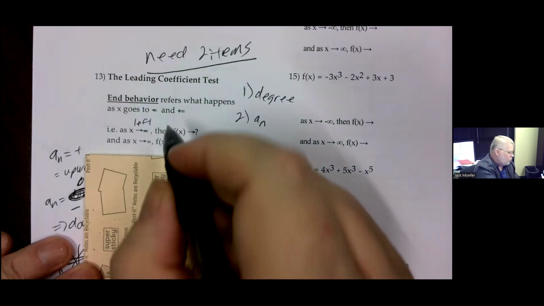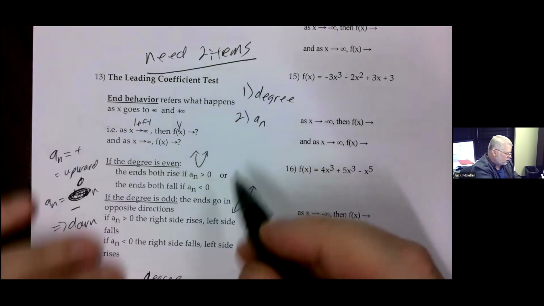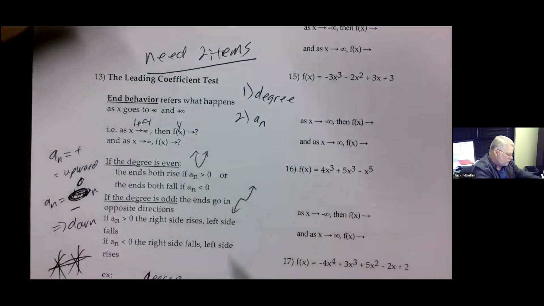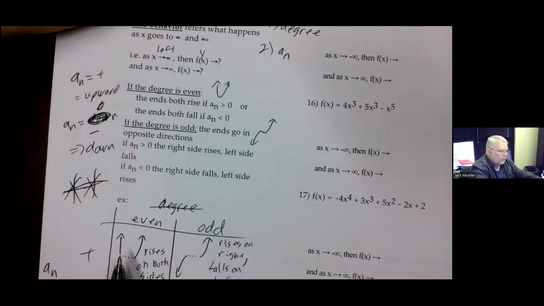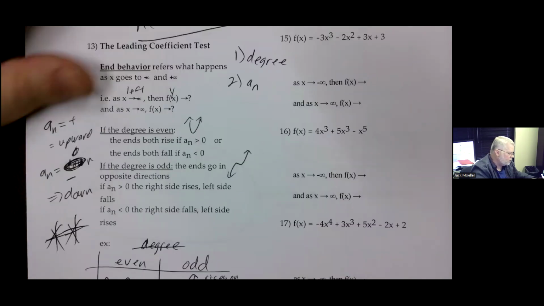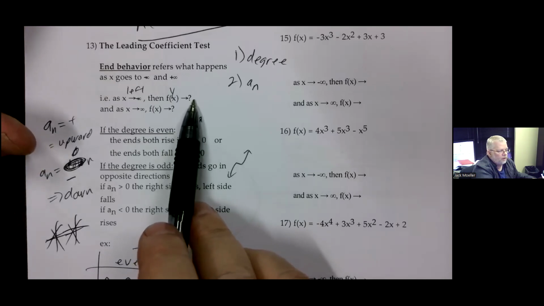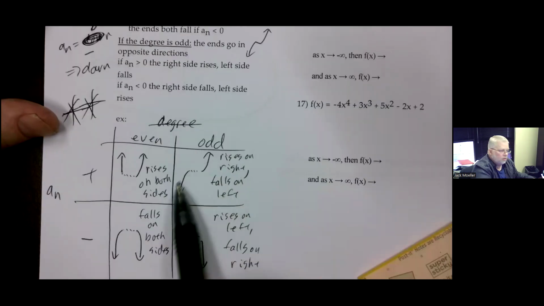Okay, so this is your y value. And so we're going to say either, if we're going up, you're going to positive infinity on the y values. If you're going down, you're going to negative infinity. Okay, so in this language, f of x is always either going to positive or negative infinity, depending on what's happening with your y values.